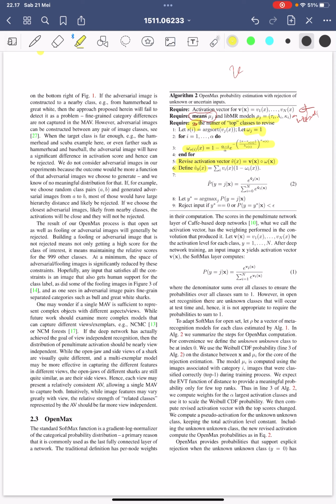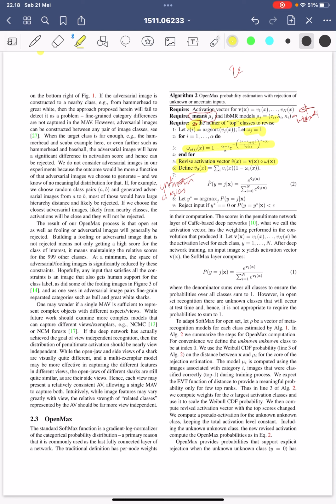Then we get the new activation factors, which is this one, phi0. So phi0 shows that this is actually the unknown or unseen class, and this is just the activation factors multiplied by 1 minus the weight w_i(x).